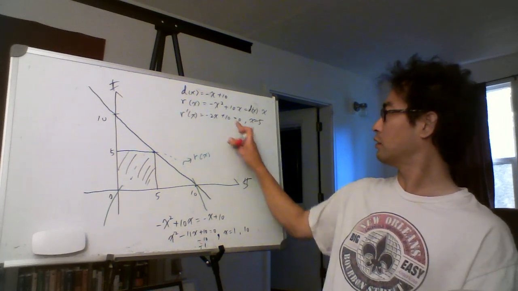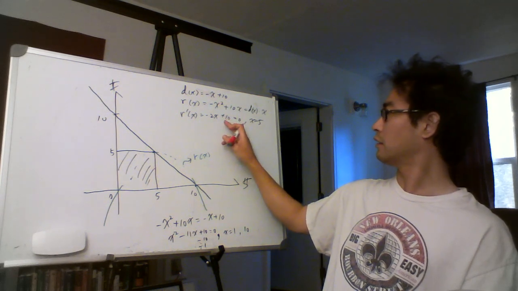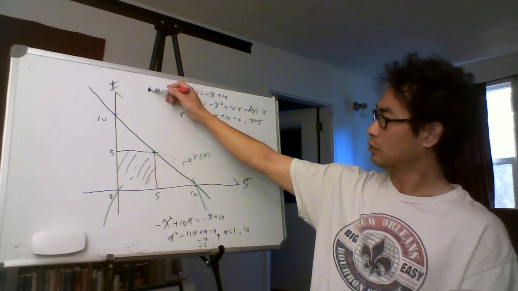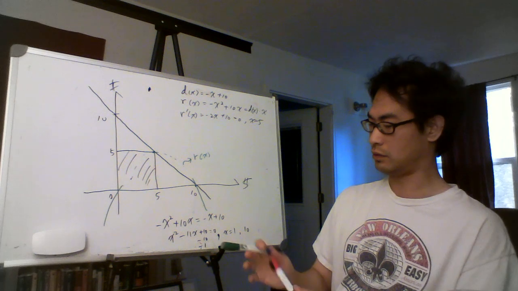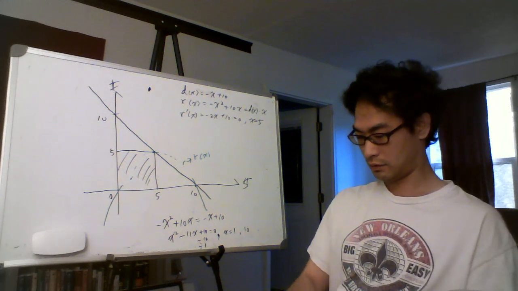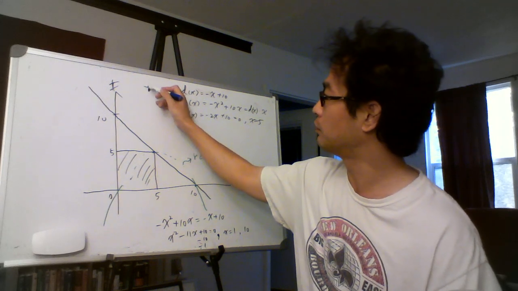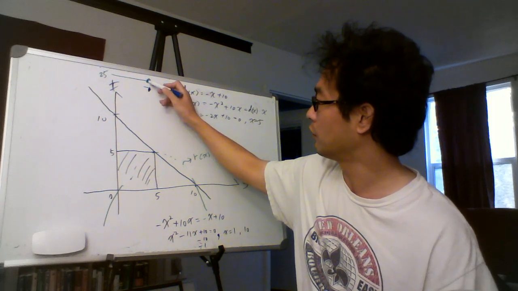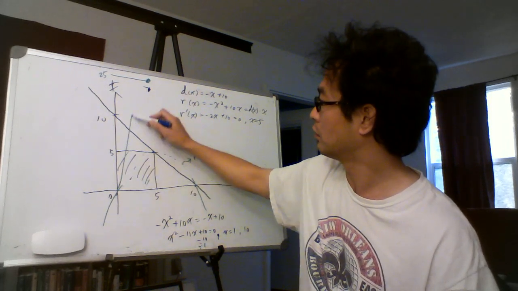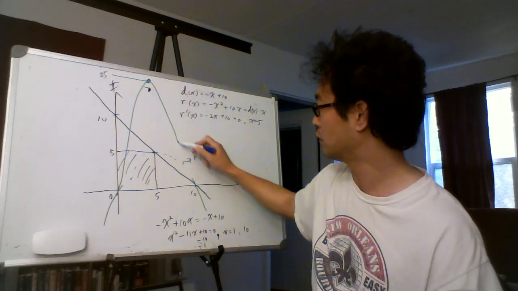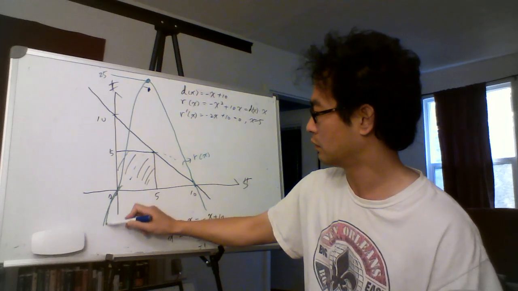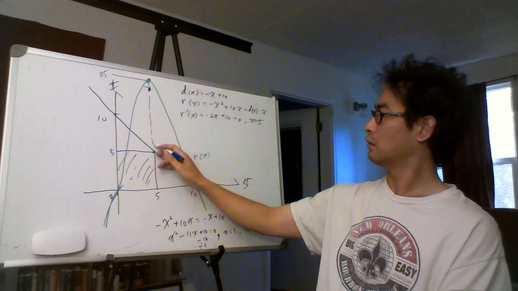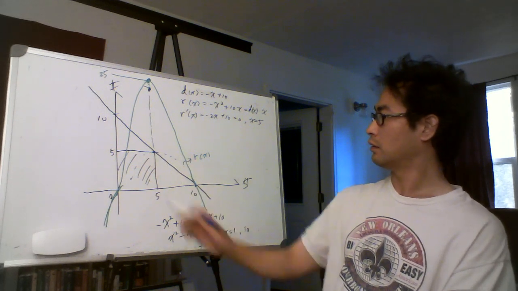So when x is 1, it's 9, and 9. So it's a steeper curve. Here, I'll draw this in green. Let's just pretend this is 25. 25 right here, so the curve will look like a rocket. And here is 5.